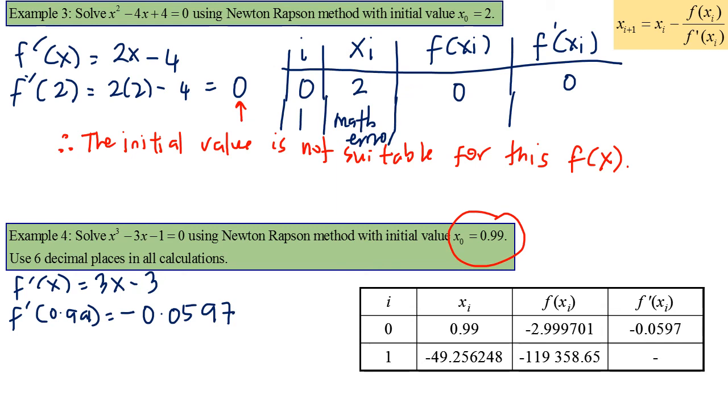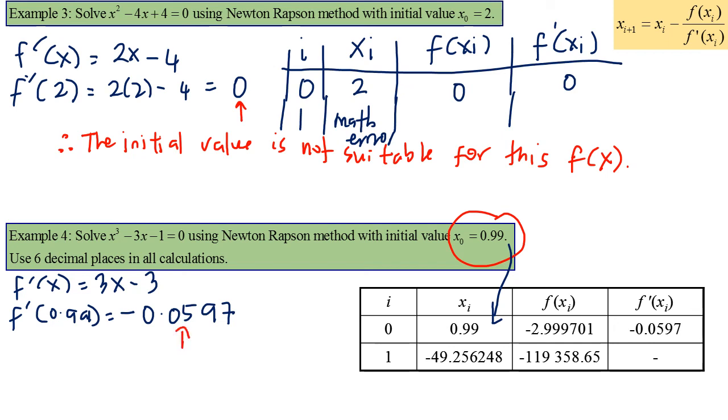Let's come up with a table. At iteration 0, x0 is 0.99 based on the question. Substitute into f(x), you get negative 2.999 and f prime is negative 0.0597. And you continue, you will get negative 49, which is a big number. Then f(x) is negative 1.99. If you continue, you will get bigger and bigger numbers, which is not suitable either.